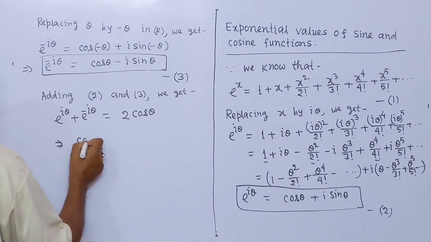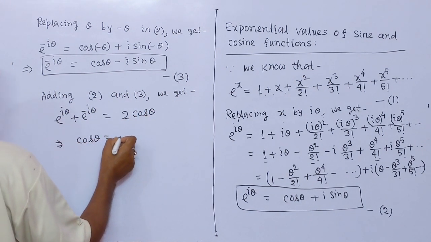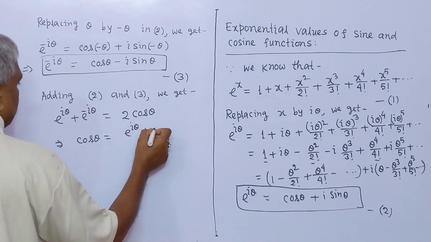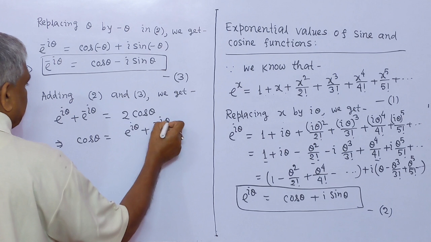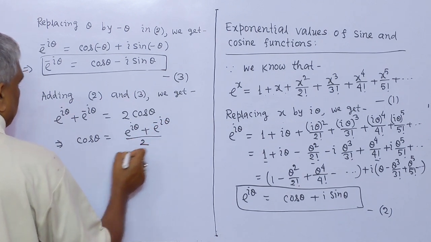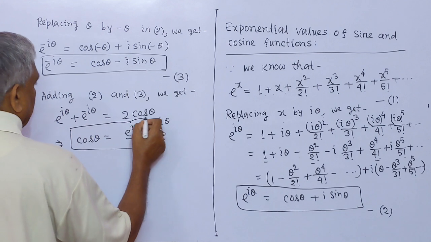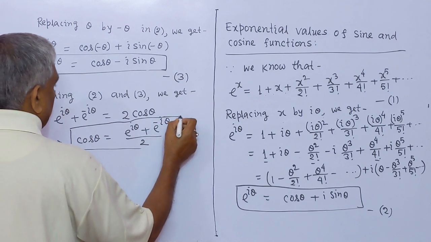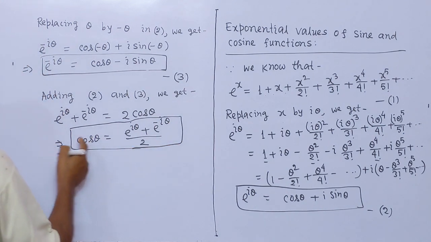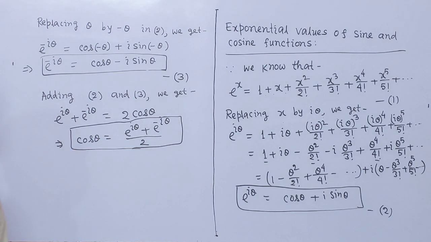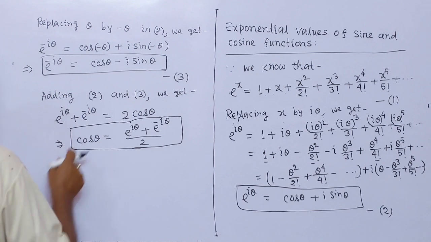Implies that cos theta equal to e to the power I theta plus e to the power minus I theta by 2. This is another formula for finding cos theta as exponential values. This is the exponential value of the cos theta.